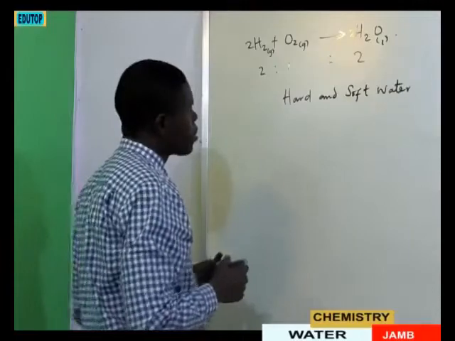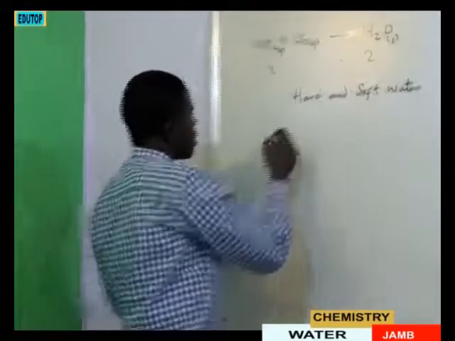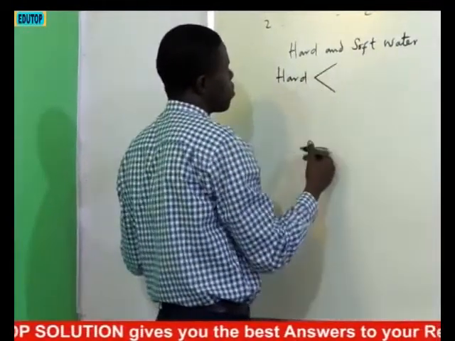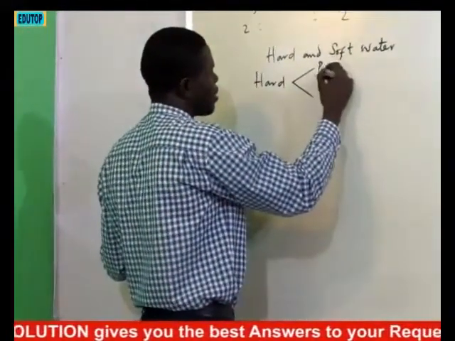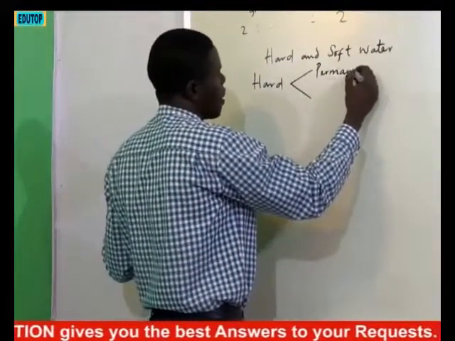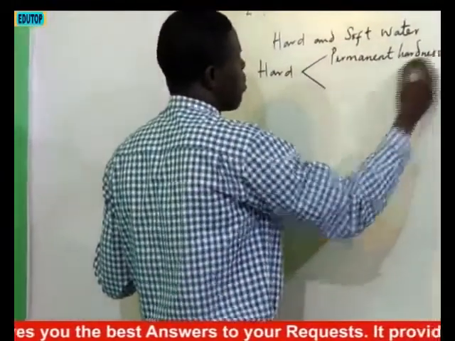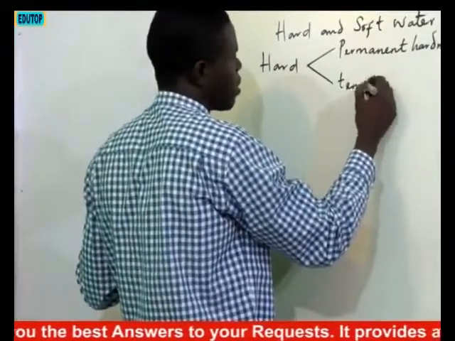Then if you are talking about hard water, it can be classified into two. You have permanent hardness. Then we have temporary hardness.